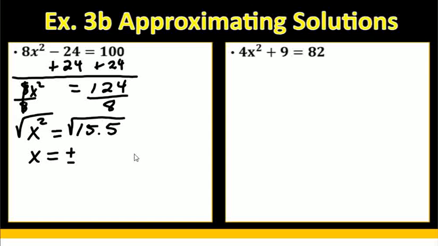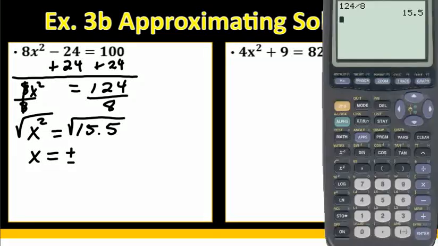So I'm going to go back to my calculator. And I'm going to hit the square root button. So I hit the second button, square root, and then 15.5 and parentheses. And that equals 3.9370.